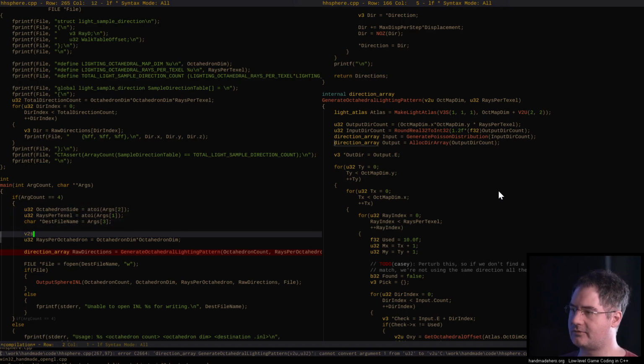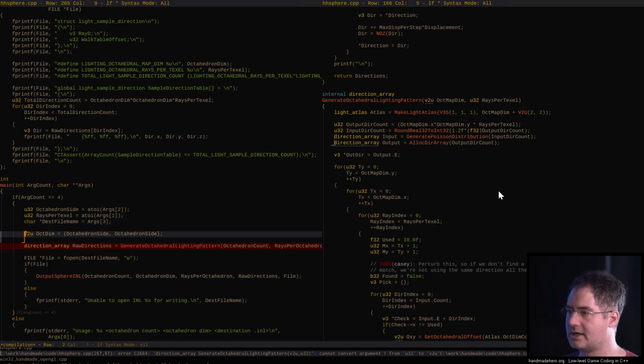And so the V2U for the octahedron dim is going to be the side twice, because we're only doing square right now, although we can change that, but at the moment we don't have any plans to. And the rays per texel is just directly in. I don't know why these are out of order, so you'd think you'd write it like that. How many rays, how many things. Maybe you want it more like that.